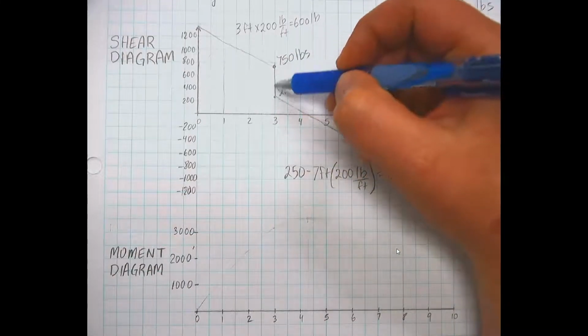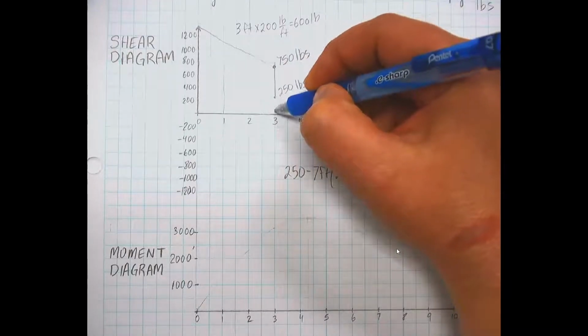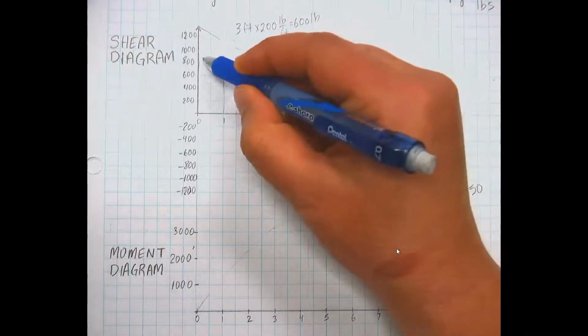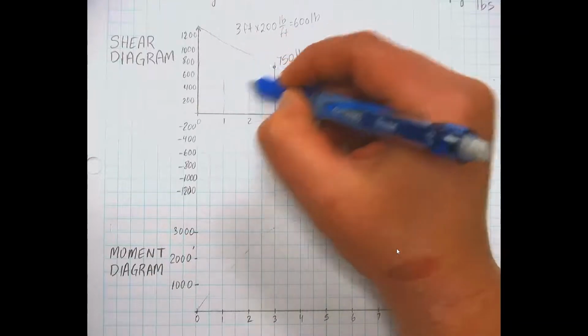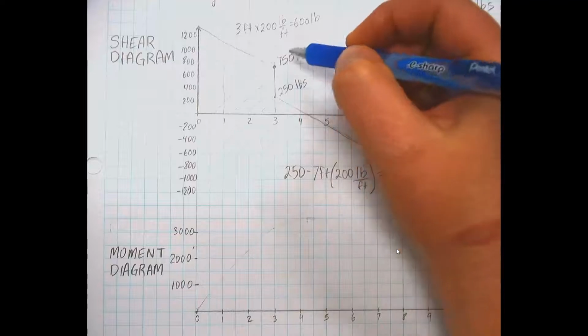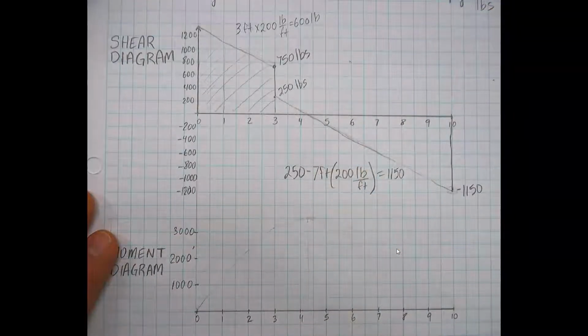So this point here, if we want to figure out where this point lies, we could do that pretty easily by figuring out the whole area up to that point. And so if you look at this, it is a rectangle and a triangle, and we know kind of where those two parts are.